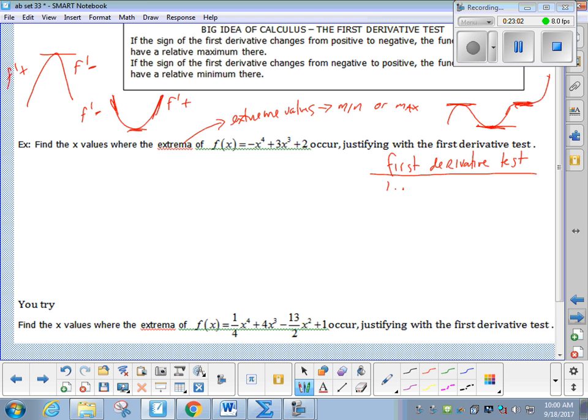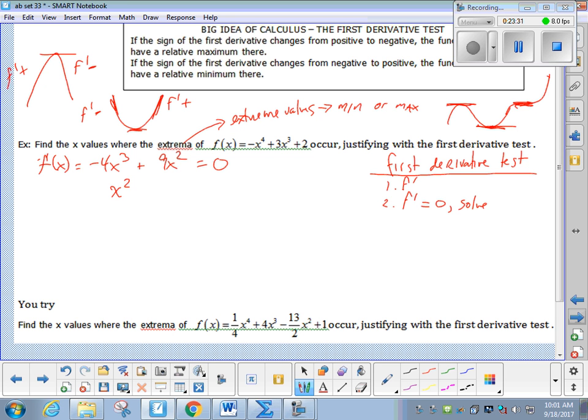So the first thing is you'll take the first derivative. What is the first derivative of this function? Negative 4x cubed plus 9x squared. Okay? You're then going to set the first derivative equal to 0. Solve. How would you go about solving that?